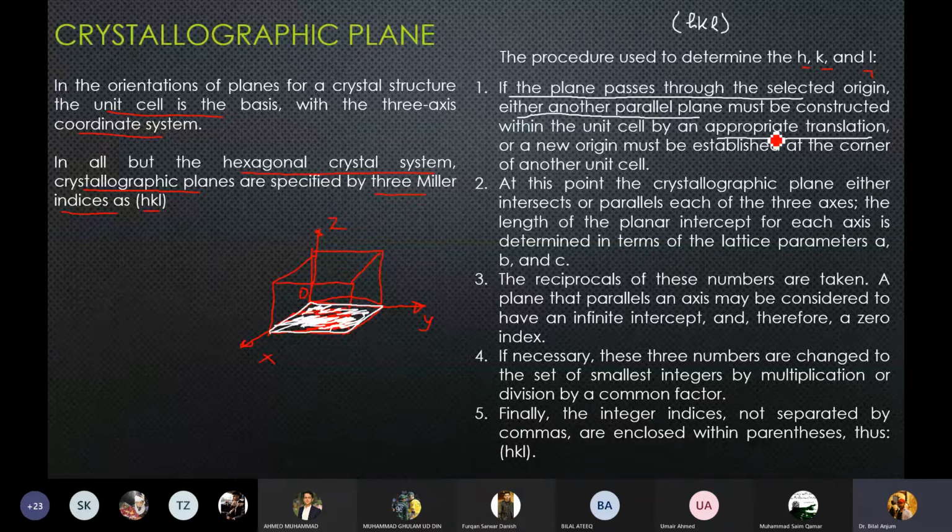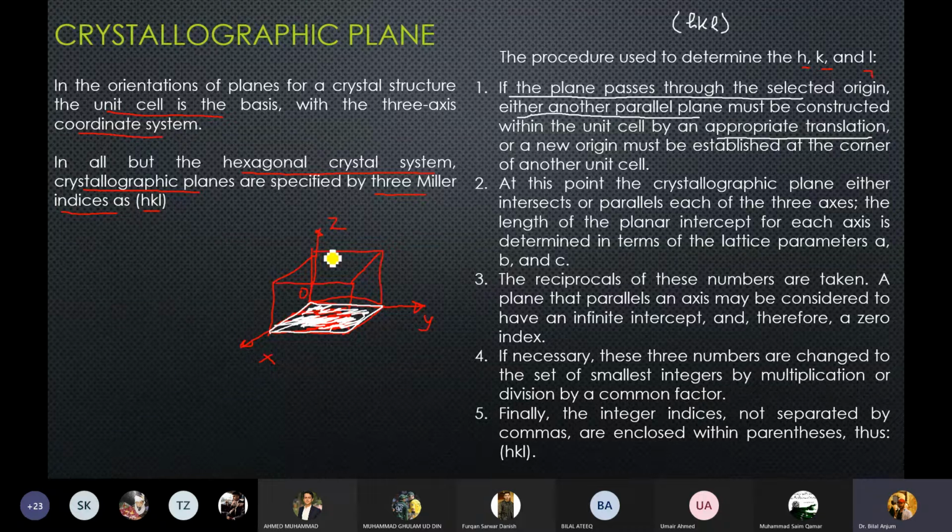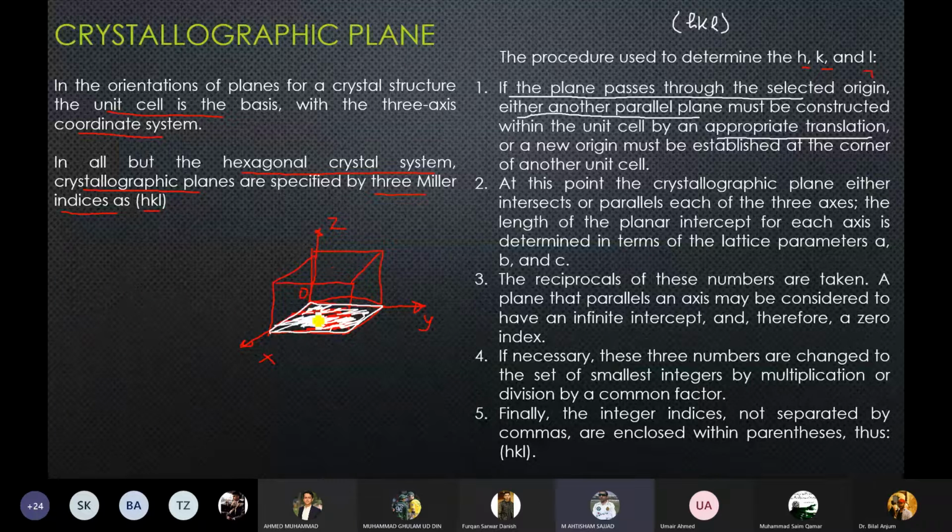All right. So the first thing is, if the plane that you have selected is passing through your origin, either you select a new origin within this unit cell so that the plane is not passing through the origin, or you translate this plane by an appropriate translation. Let's say I translate this plane. Right now, is the plane passing through the origin or not? Passing.